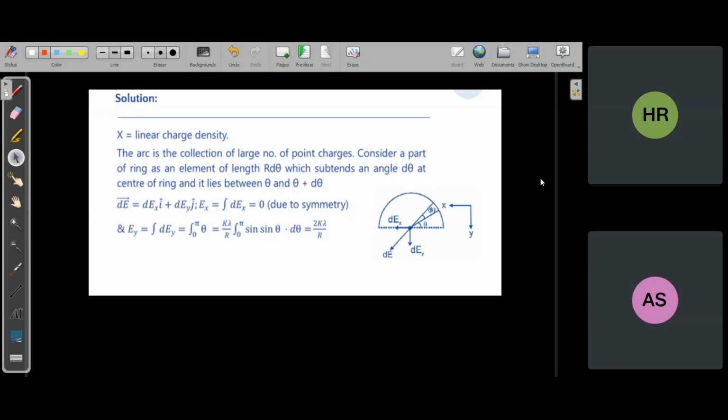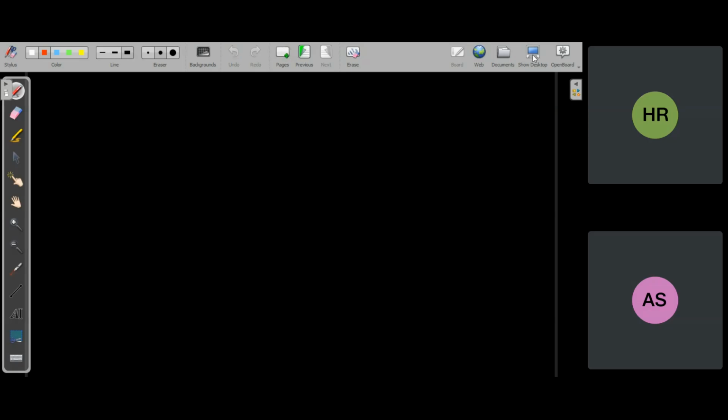No doubt, sir. Do you want to do it or go to the next? So this is the linear charge density lambda. So you want to go to the next? Yes, sir. Okay.